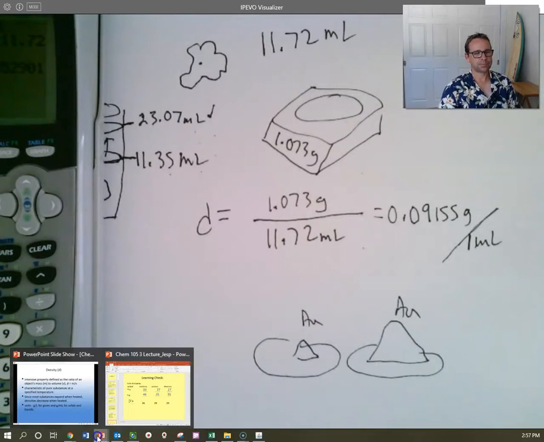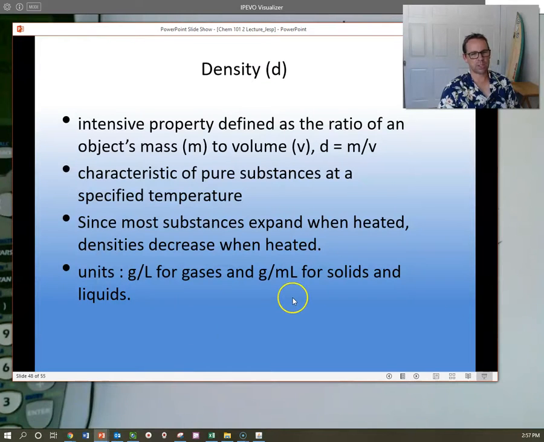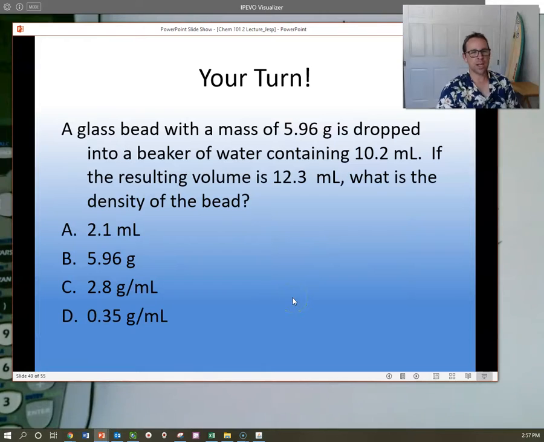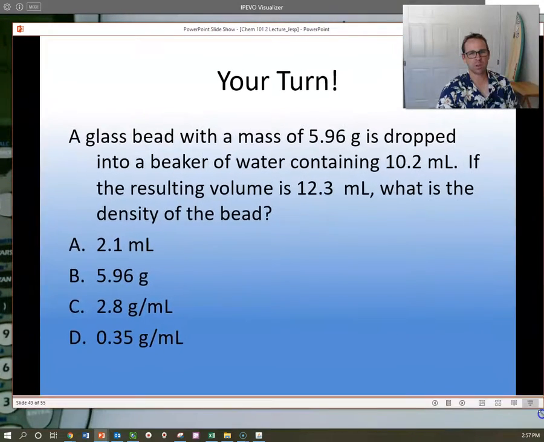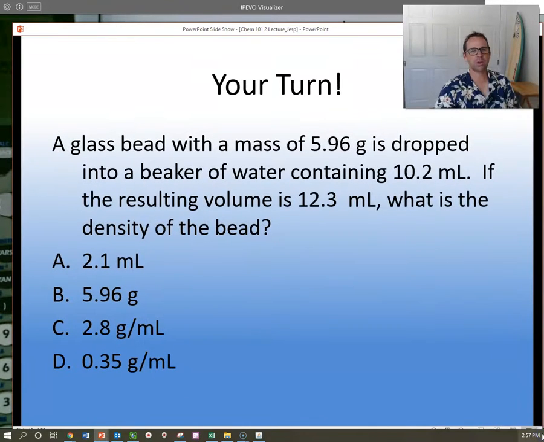So, let's see if we can answer some of these questions now. Here's a glass bead with a mass of 5.96 grams, and I drop it into a beaker of water that contains 10.2 milliliters. If the resulting volume is then 12.3 milliliters, what is the density of the bead? What do I got to do to solve this problem?